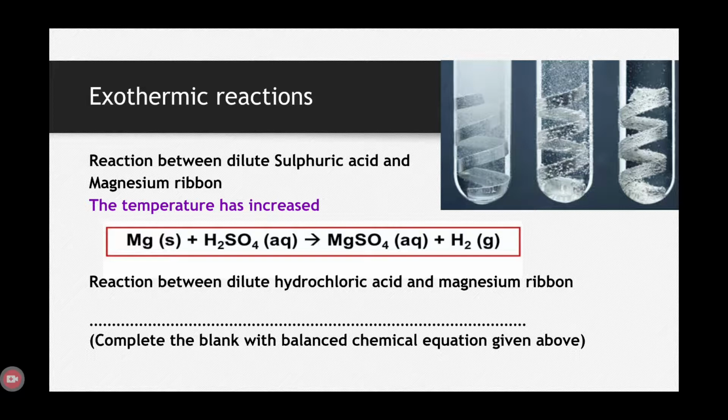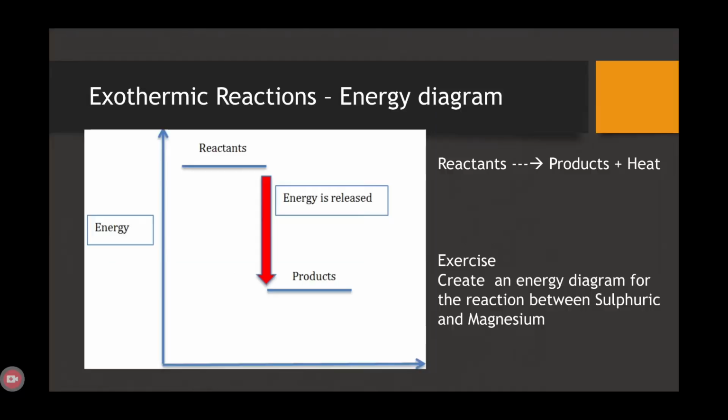Magnesium solid plus HCl aqueous. The products are magnesium chloride MgCl2 aqueous plus hydrogen gas, the same gas as here. In these two instances we feel heat after the reaction, so those reactions are exothermic reactions.